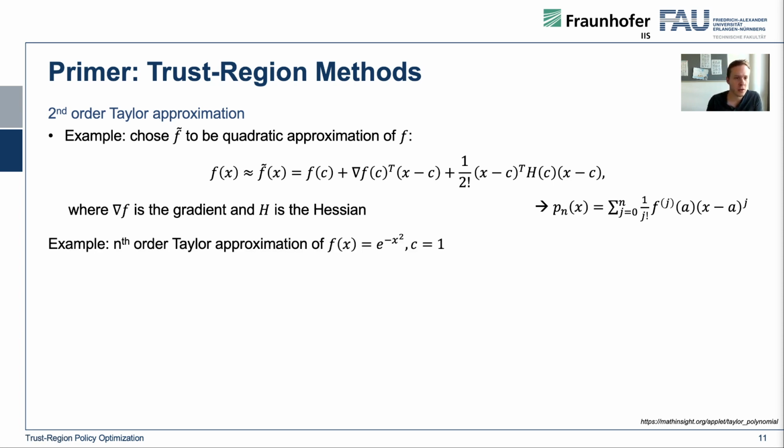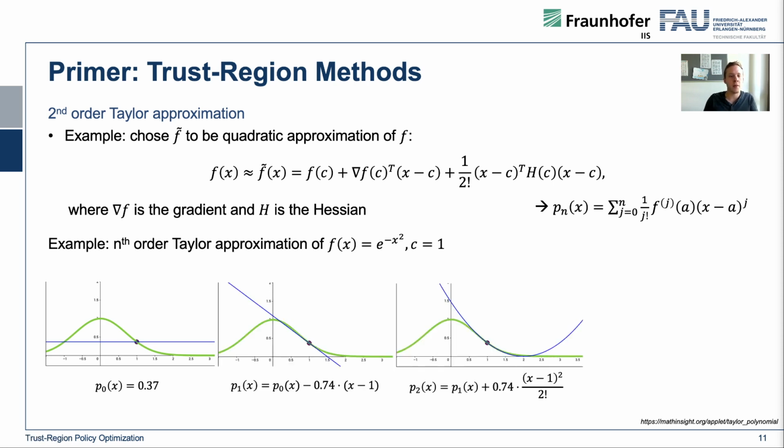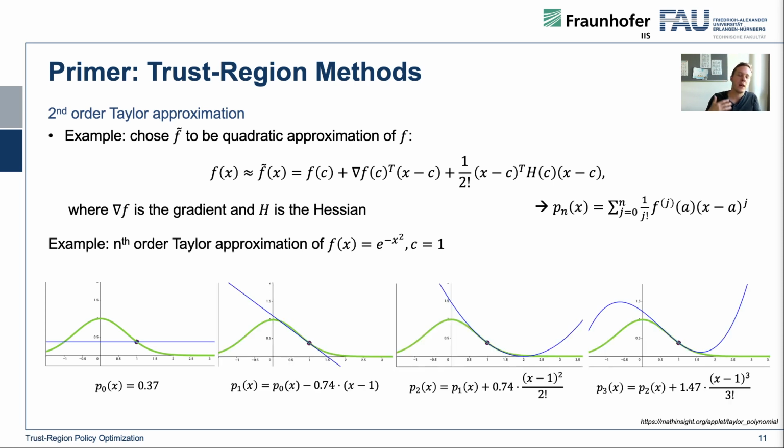How does this actually look? Say you have a complex function like e to the power of minus x squared, and you're looking at a point c equal to 1. You can calculate the nth-order Taylor approximation of this function.